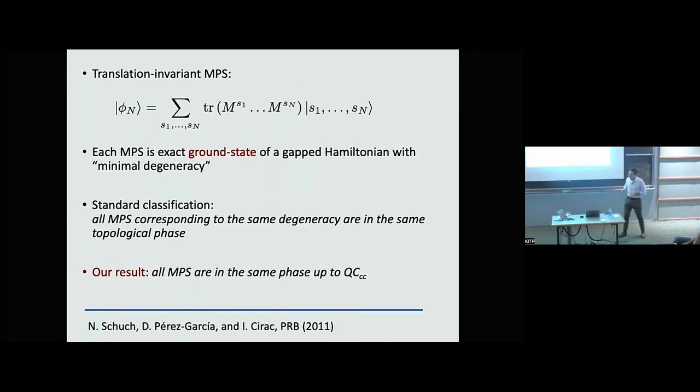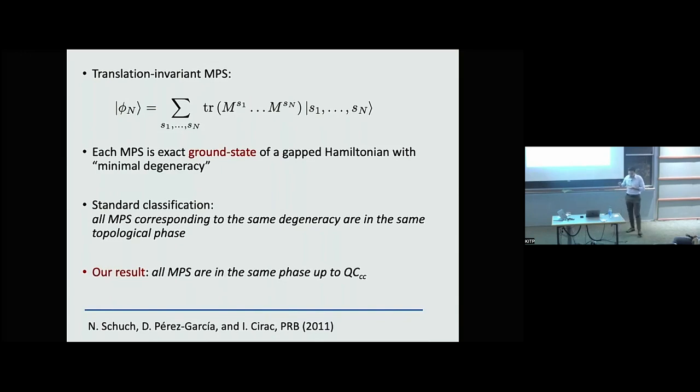Matrix product states are a prototypical example of ground states of local Hamiltonians for one-dimensional systems. They're the simplest example of tensor network states. And this is the formal definition. But the point is that here we're sticking to translation invariant systems because we want to define phases in the thermodynamic limit.